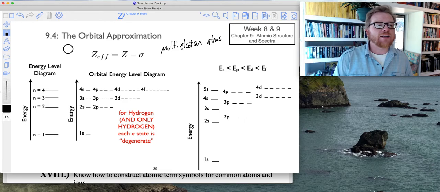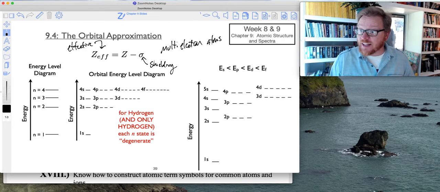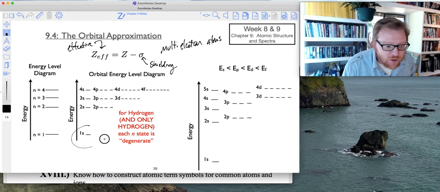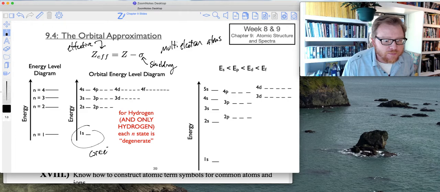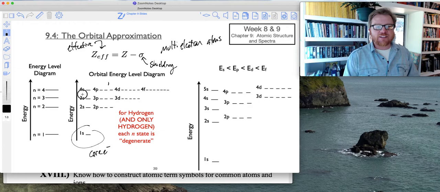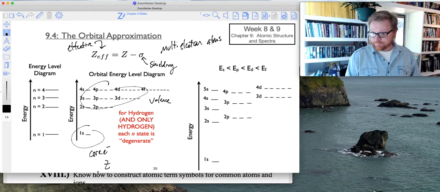we get an effective nuclear charge, okay, which is due to shielding of core and valence electrons, right? So for example, our core electrons way down here are going to shield the valence electrons way up here from the nuclear charge.